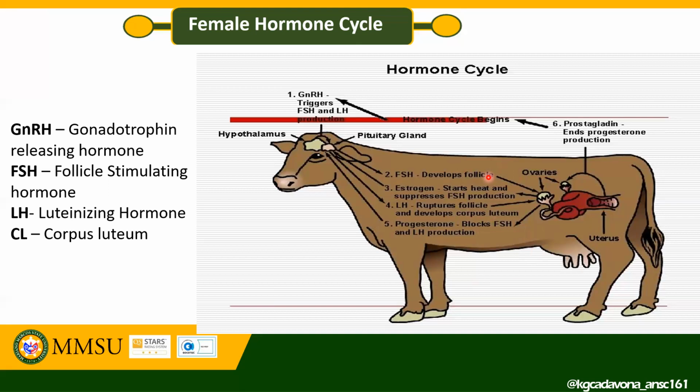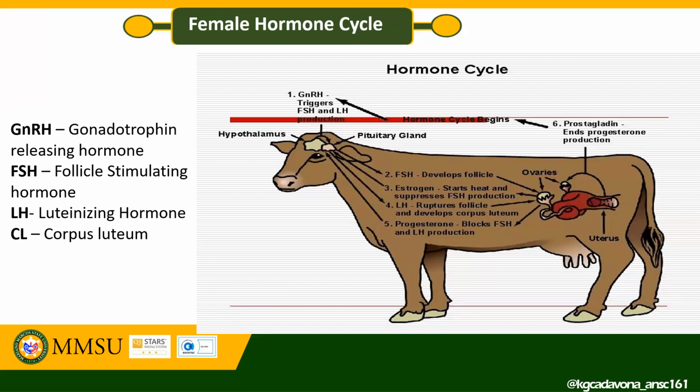Now, as I have said kanina, since si LH ay ini-stimulate niya for the development ng corpus luteum, now the hormone progesterone which is secreted by the corpus luteum will stop the production of FSH and then the LH para ma-prevent yung development ng follicles para walang ma-produce na estrogen na. Kasi if you try to recall it, the progesterone is the main responsible in maintaining the pregnancy of the animals.